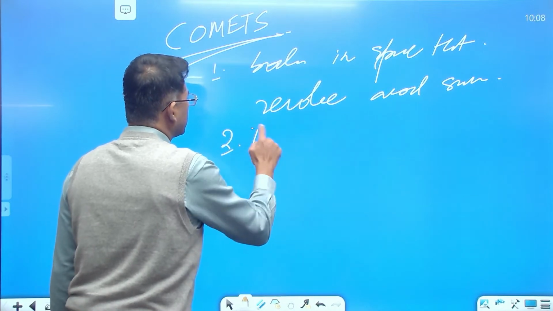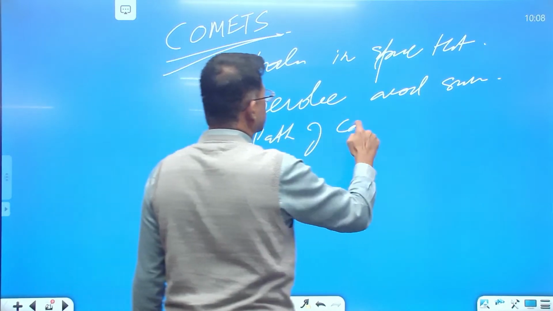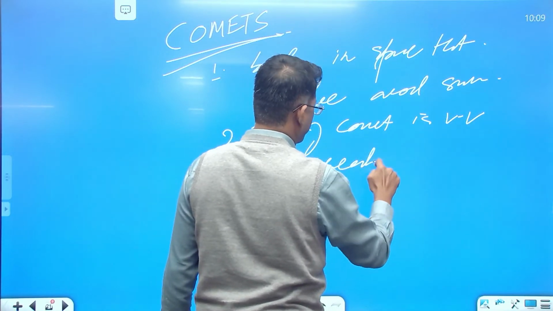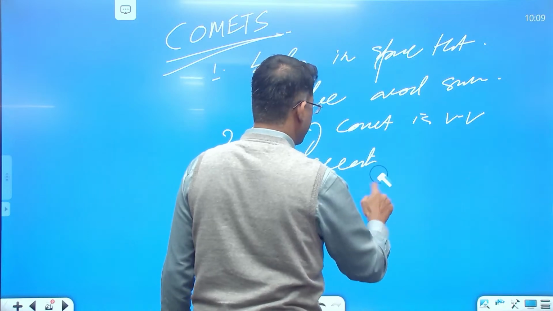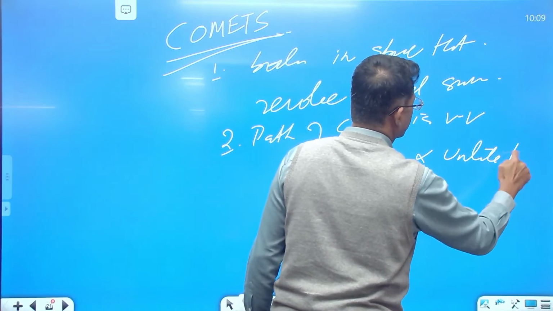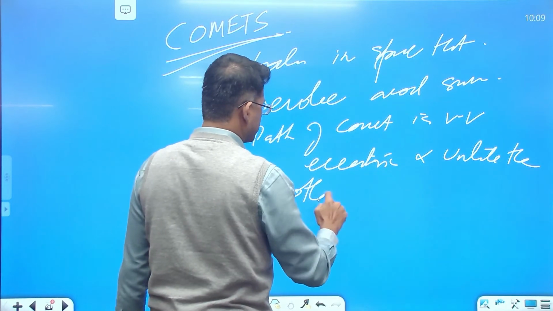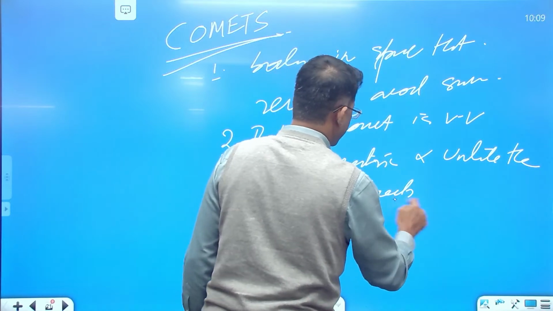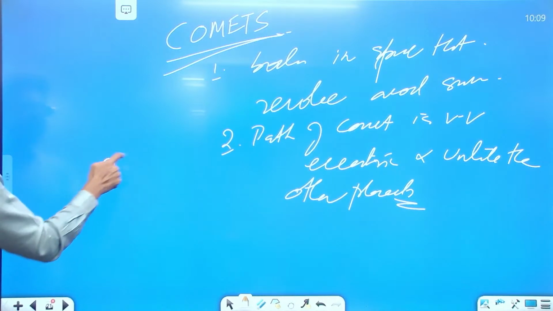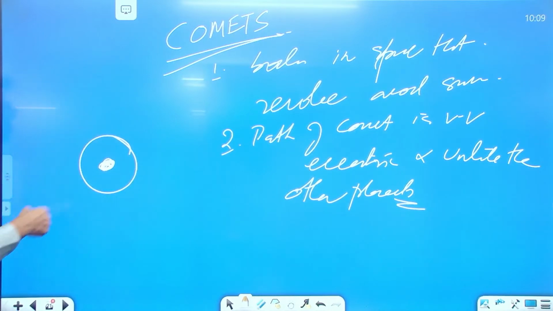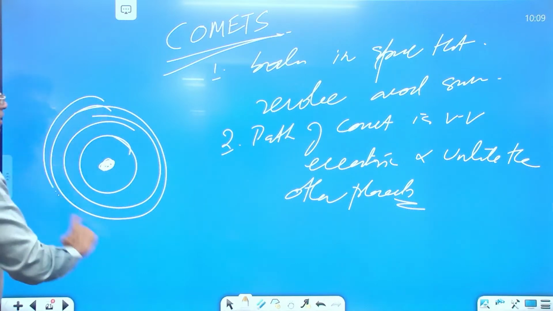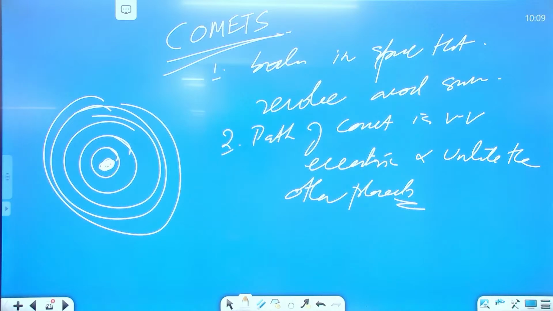However, the path of comets is very, very eccentric, unlike the other planets. So if this is the sun, and imagine this as Earth, Jupiter, maybe Saturn, maybe Uranus, Mercury, okay.